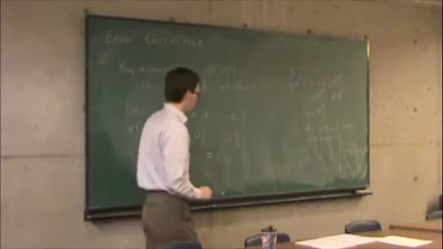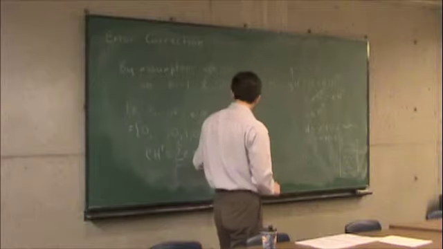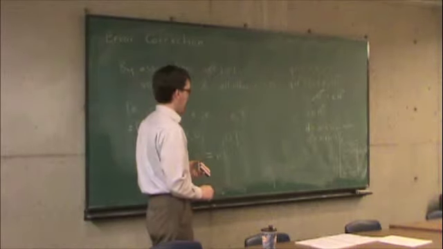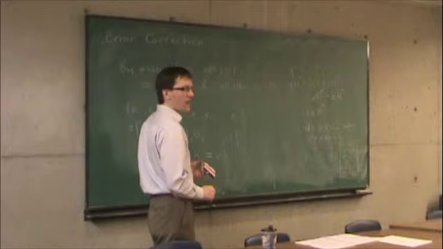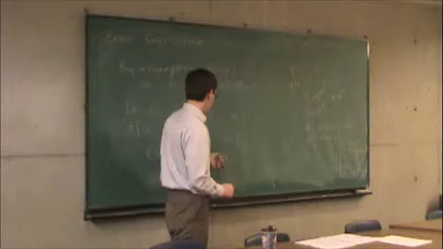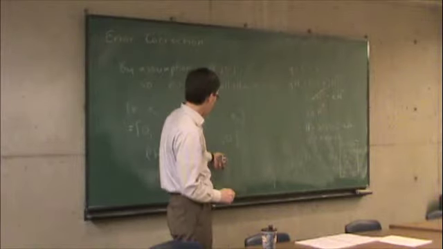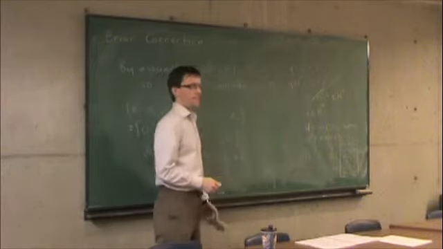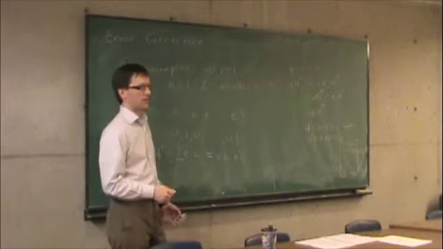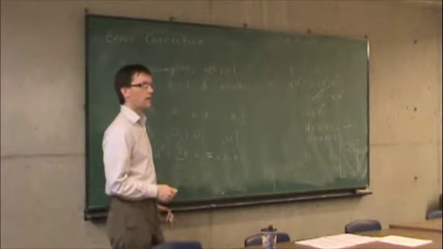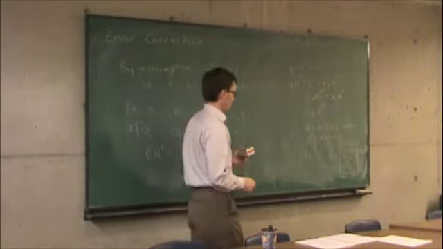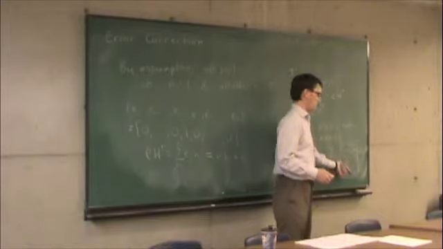So, bearing this in mind, how would I figure out where the error happened? E_i is 1, so therefore this is equal to h_i. So how would I figure out where the error happened? Whichever row is not 0.